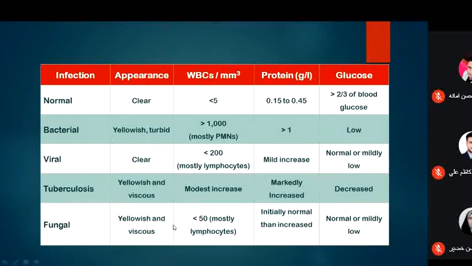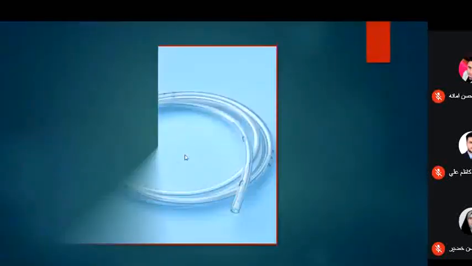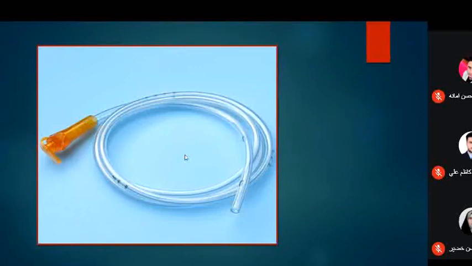These findings are important to keep in examination and in practical life, because according to the findings we make the diagnosis, this is bacterial, this is viral. Sometimes we have mixed cellularity, with polymorphs and lymphocytes, and this can be seen in cases of partially treated bacterial meningitis.